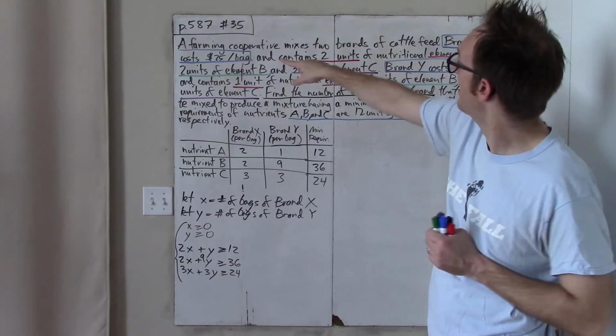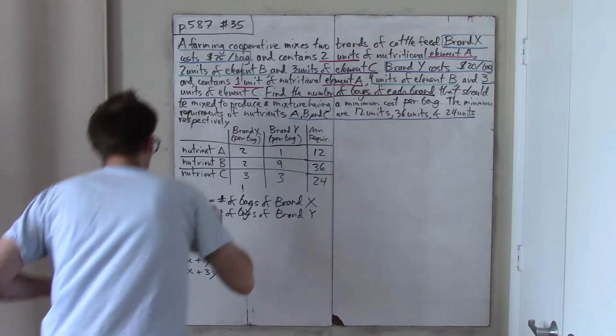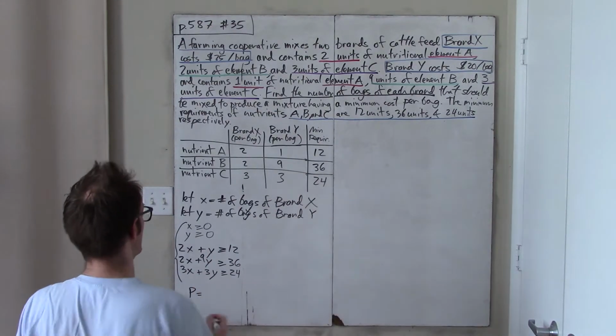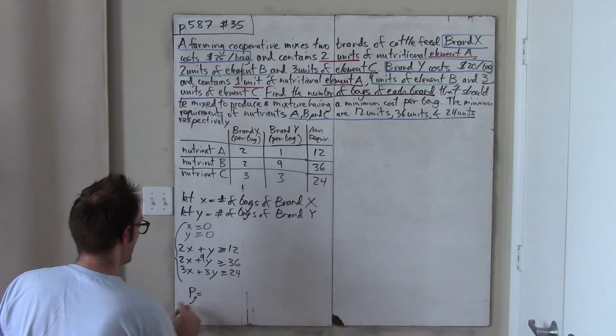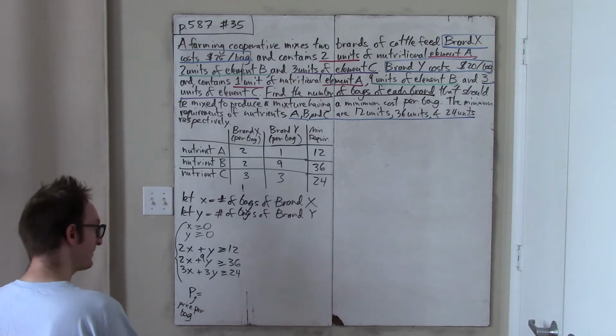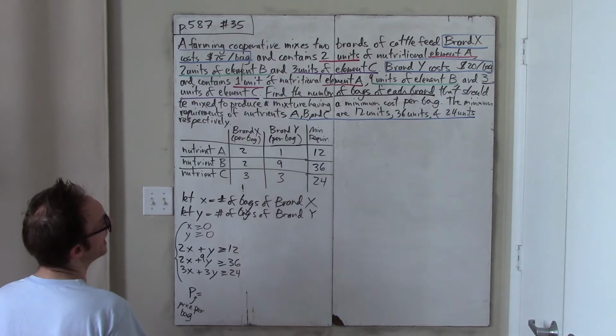Brand X costs $25 per bag, and brand Y costs $20 per bag. So now I can create one last variable P, which means my price. Technically this is price per bag, but really we should call it price per homemade bag. When I make these giant homemade bags, how much are they going to cost?